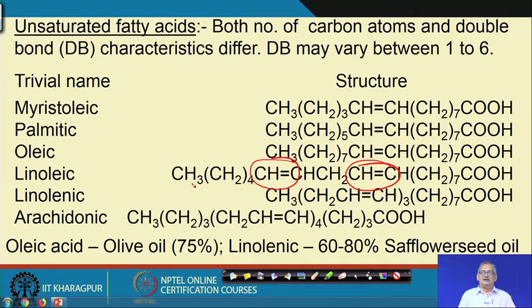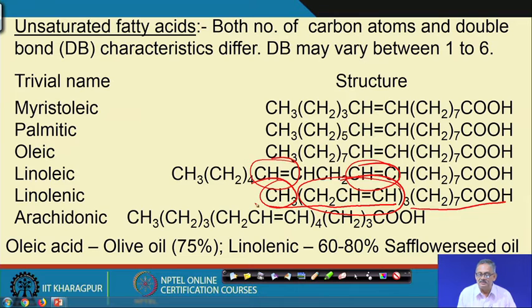Similarly, linolenic acid is CH3, CH2, CH double bond CH whole 3, then CH2 whole 7, COOH. So there is one methyl group outside, and then CH2 CH double bond CH, three such groups.